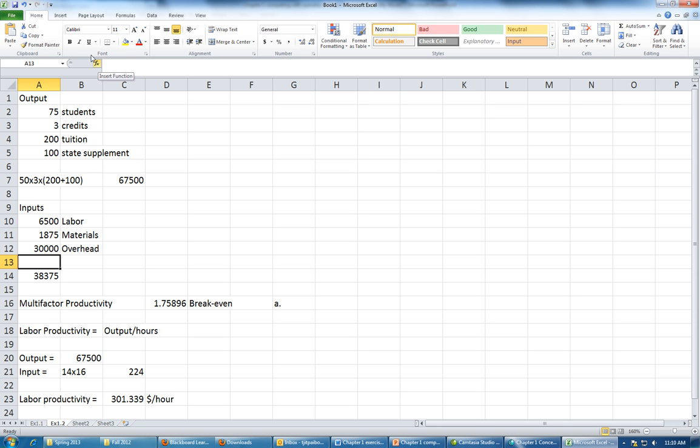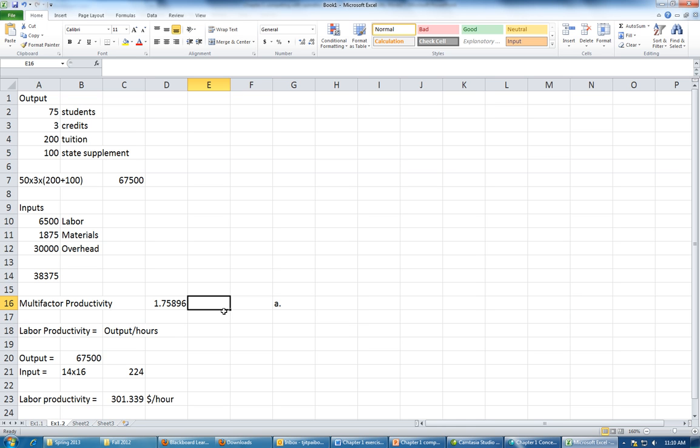You can see now that the school is no longer break-even. The school now has earned more output than input. So to answer the question, is the productivity improved?